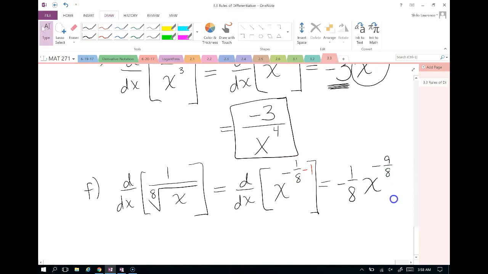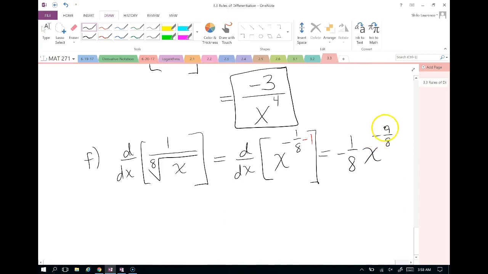So remember what we did with the last one that had a negative fractional exponent that had a value in the numerator and denominator. The denominator means we're still working with a root. The negative means it wants to go to the bottom. The numerator stays as an exponent. So this is -1/8. That's our -1/8.